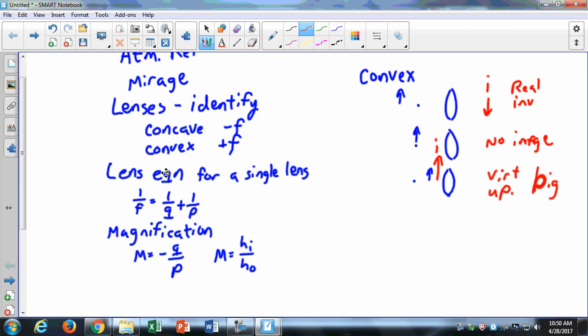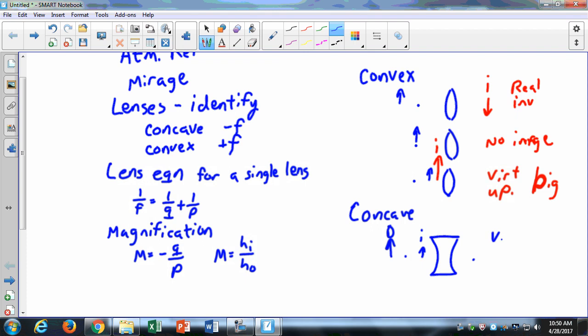All right, and then with the concave lens, you have a lens that looks like this. It doesn't matter if you're in or outside the focal point. If this is my object, my image looks like this.